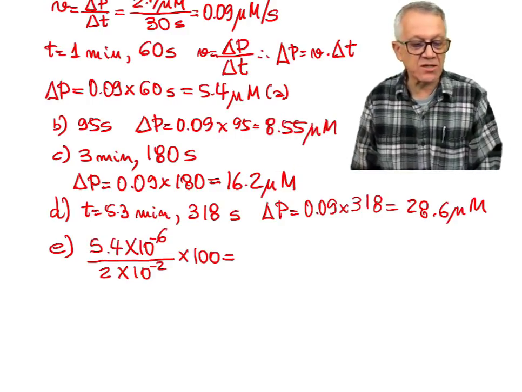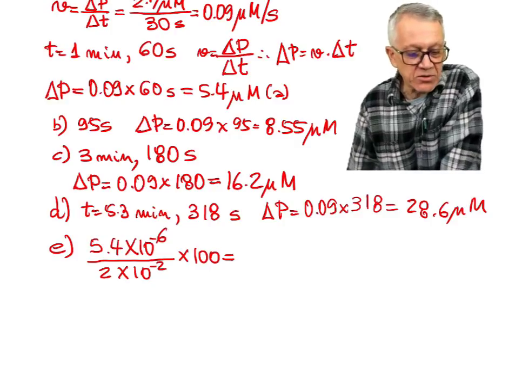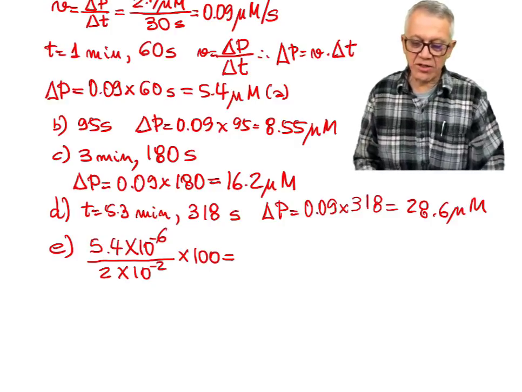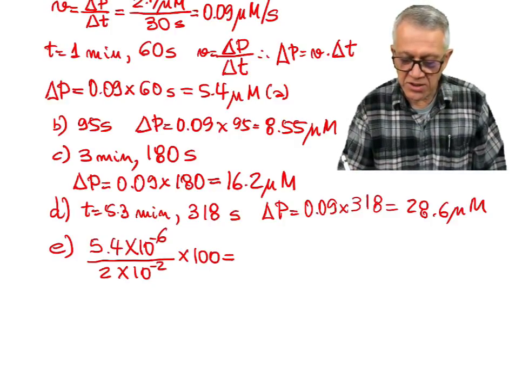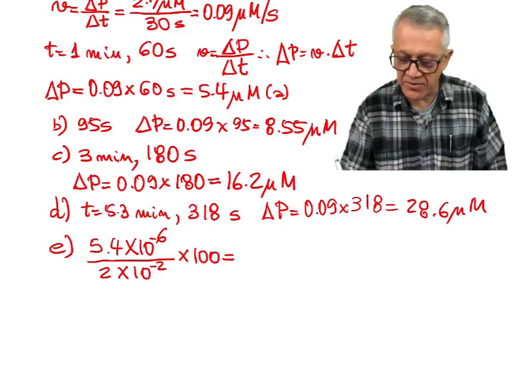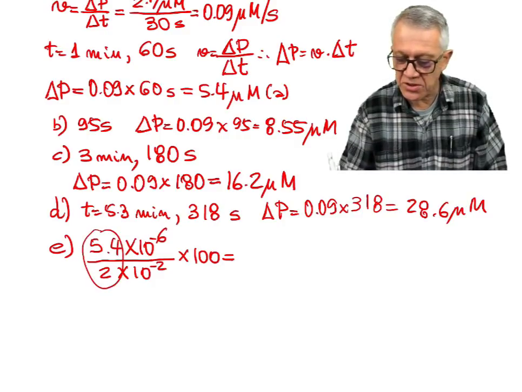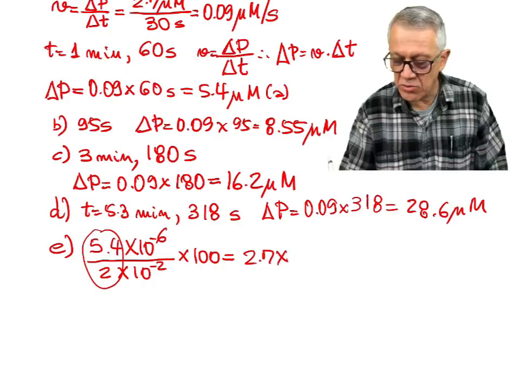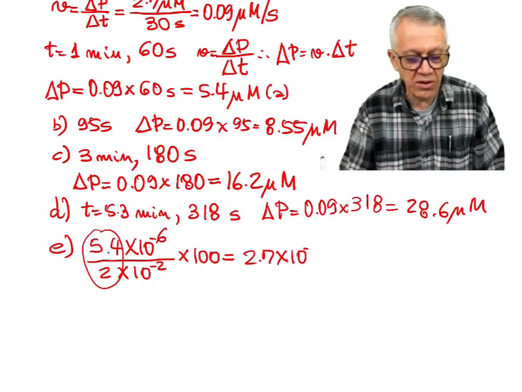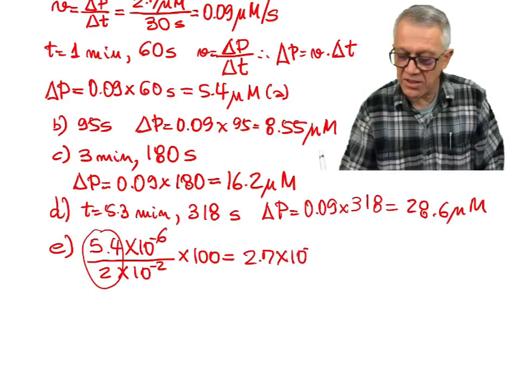The first time is the time at 1 minute, right? So let's do this calculation. Let's work these numbers. This is going to be 2.7, and 10 to the power of negative 4. But there's the 100 here, so the negative 2 in percent, right?